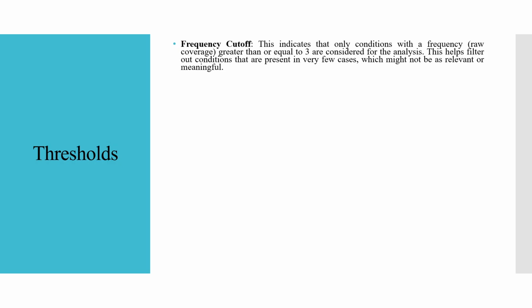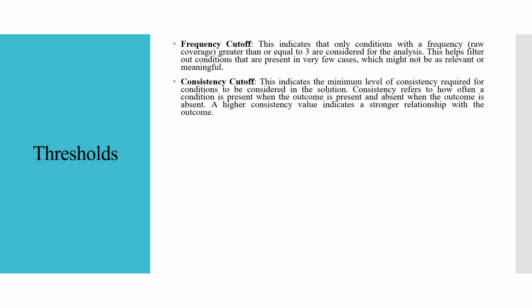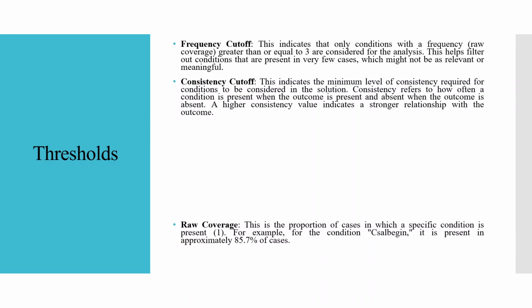This helps filter out conditions that are present in very few cases, which might not be as relevant or meaningful. Consistency cutoff indicates the minimum level of consistency required for conditions to be considered in the solution. Consistency refers to how often a condition is present when the outcome is present and absent when the outcome is absent. A higher consistency value indicates a stronger relationship with the outcome.